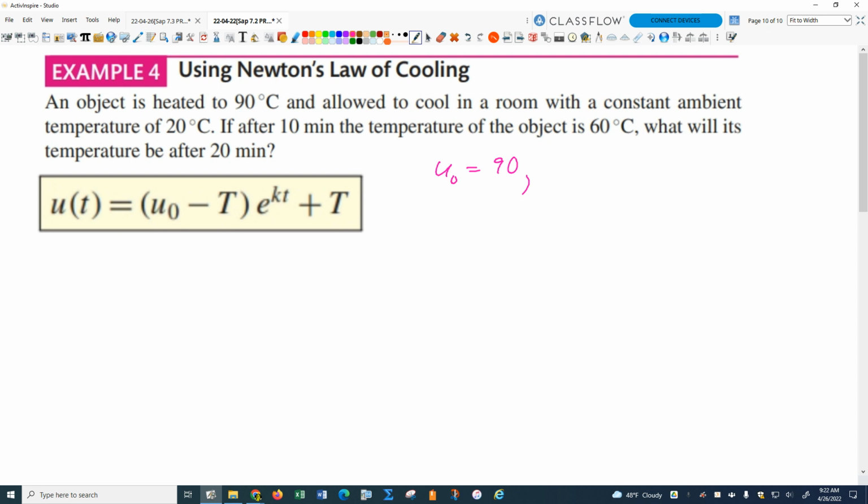Looks like T is 20. And when T, well, we have an ordered pair, don't we? When t equals, I guess we're doing this in minutes, when t equals 10, what's the value of u, the output? 60. Okay, so there's an ordered pair that corresponds to that, right? Because our input is time, output is u, right?